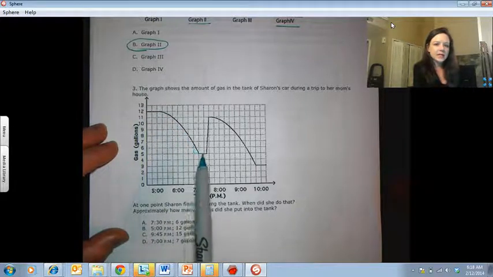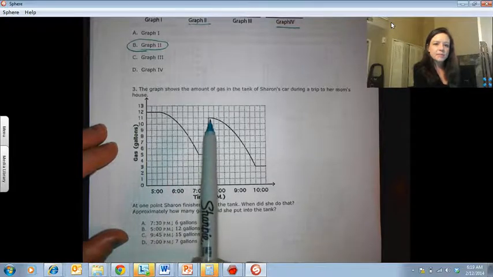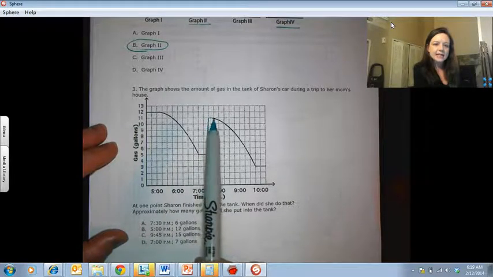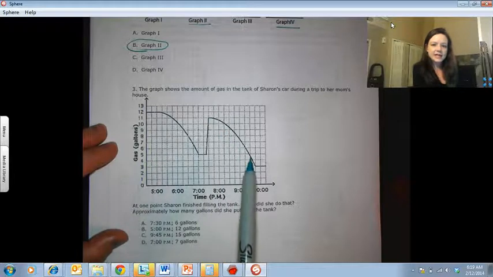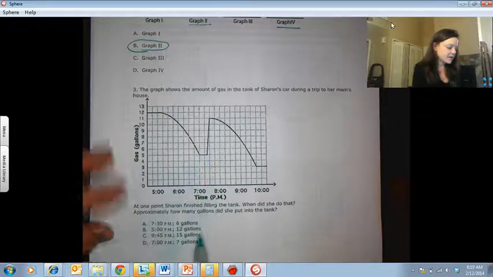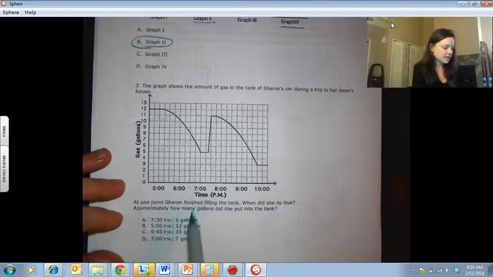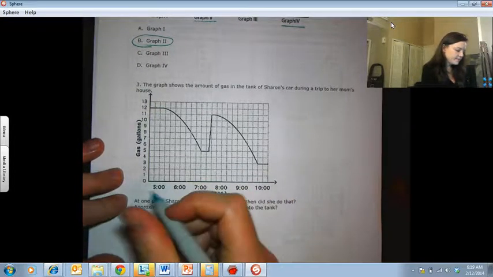And then here the gas isn't doing anything, so she must have stopped, and then a sharp increase in gas, and then she's driving again and using more gas. So right here obviously is where she's putting in the gas. So that's going to be somewhere around 7 o'clock. So we can look at answer A here and answer D.